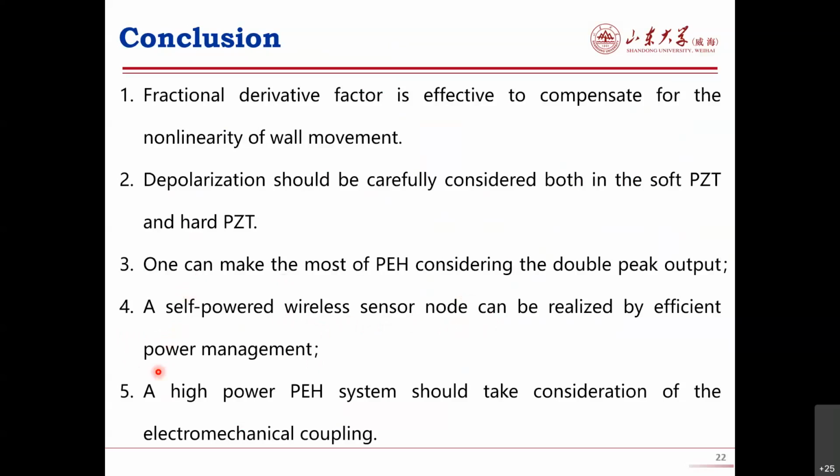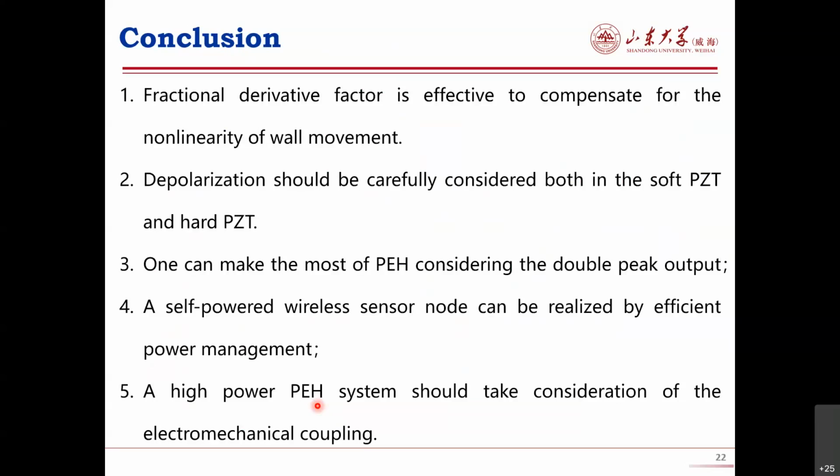And the interface circuit design is very important in piezoelectric energy harvesting because of its electrical property. Generally speaking, the electricity density of the piezo ceramic is relatively high.